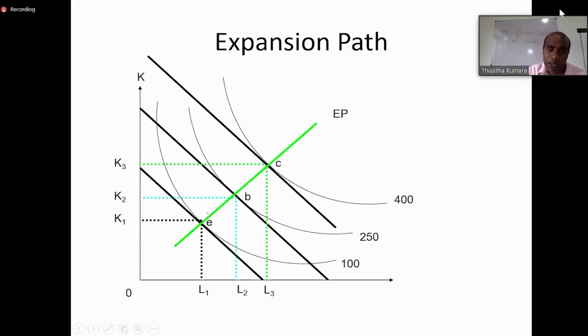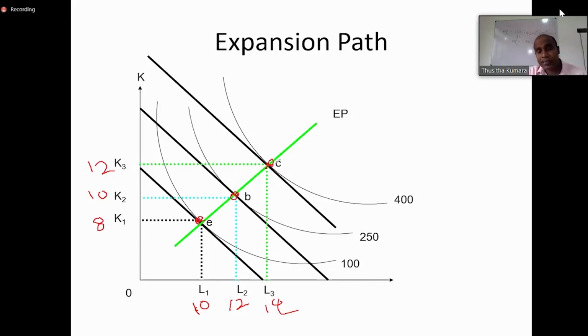If you want, you can put the efficiency expansion path as a curve like this. So this is K8, L10, K10, L12, K12, L14. So this point, and this point.